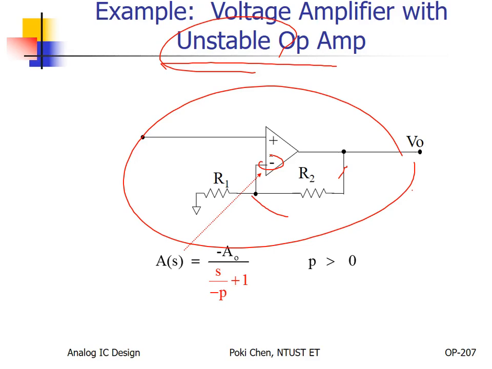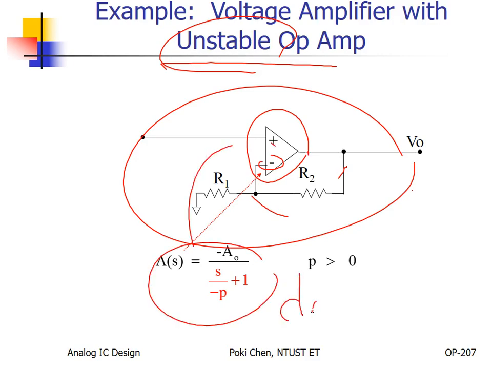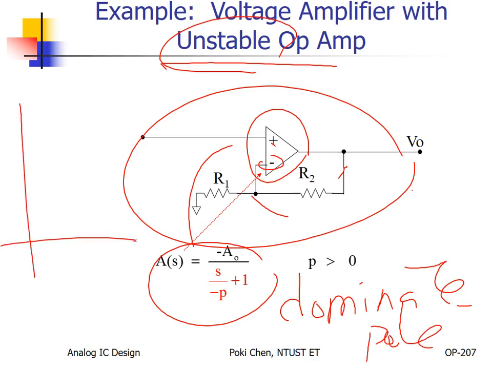And usually you think the op-amp is stable. We call it the dominant pole approximation. Because if you look at the frequency response, it looks like this and goes down, then okay? If we neglect the rest, they are too far away.